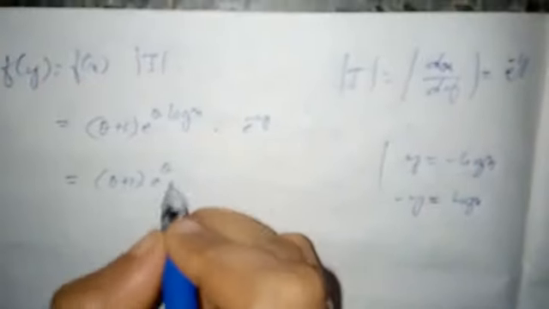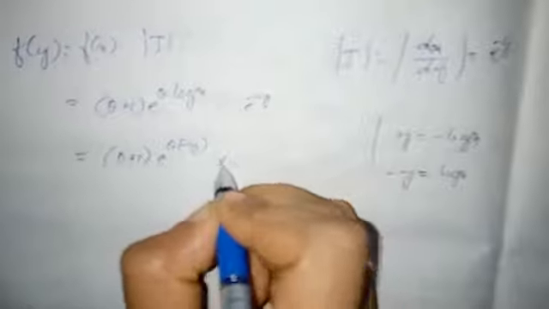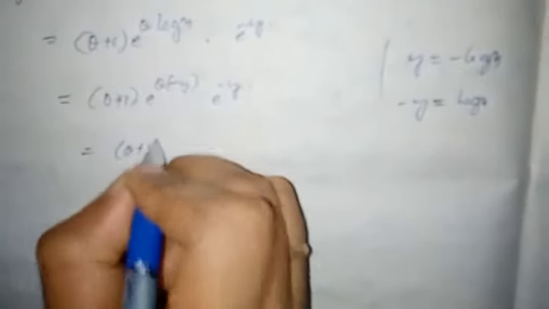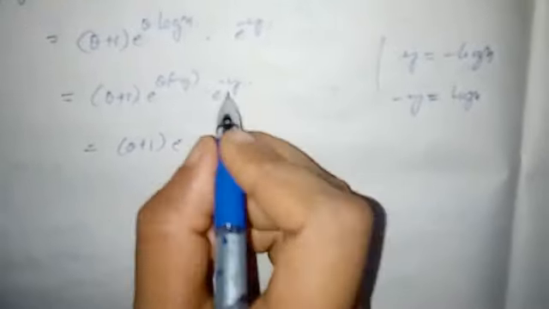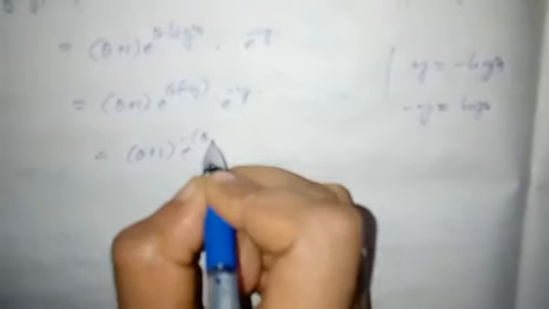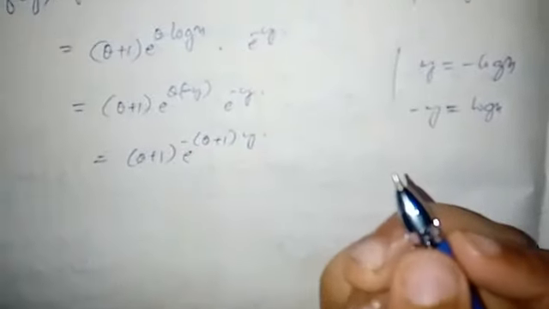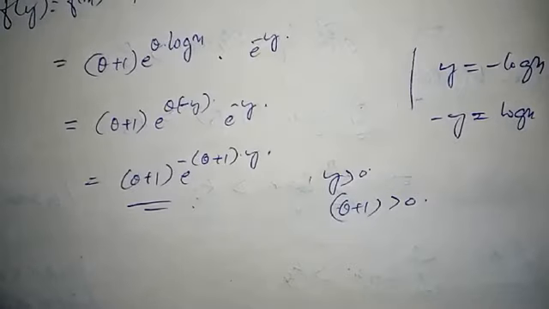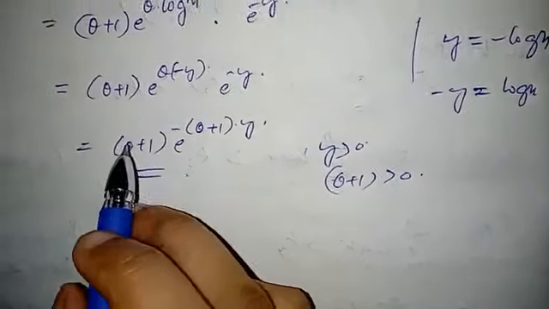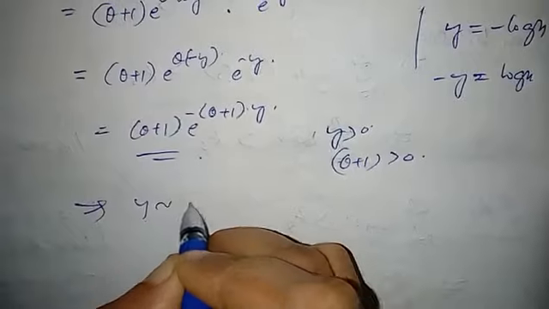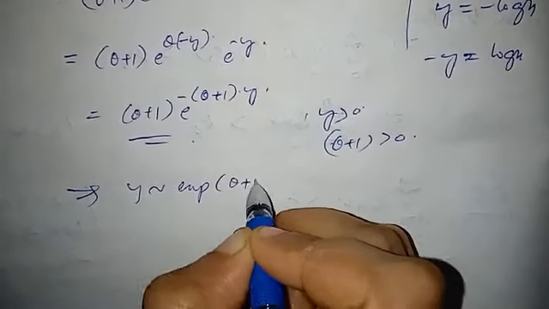We can write this term as (θ + 1) e^(−(θ + 1) y), where y is greater than 0, that is, θ + 1 is greater than 0. Which implies y follows an exponential distribution with parameter θ + 1.